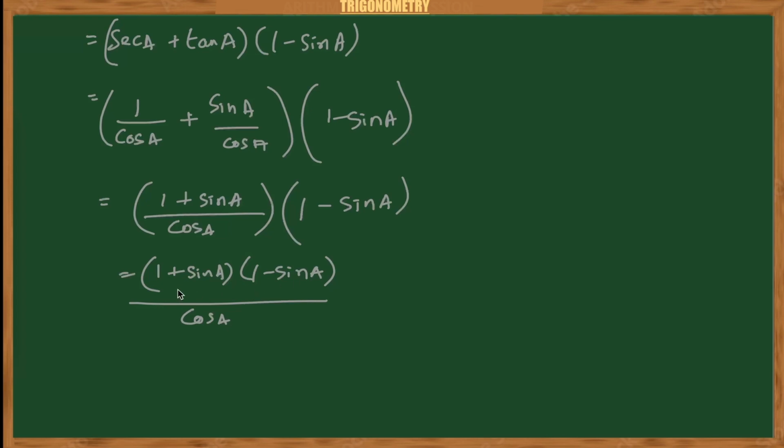This is in the format of A plus B into A minus B. How can we write it? We can write it in this format, A square minus B square. So let's write it here: 1 square minus, where A is 1 and B is sin A, so sin A squared, divided by cos A.